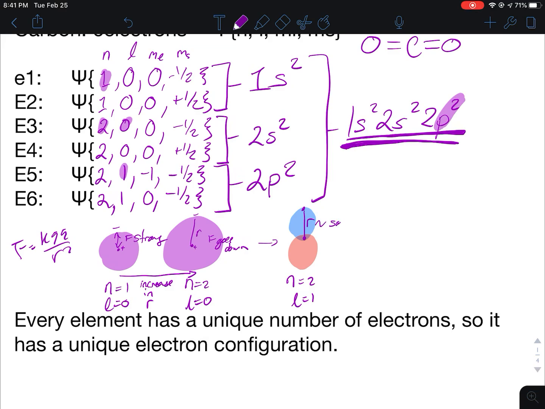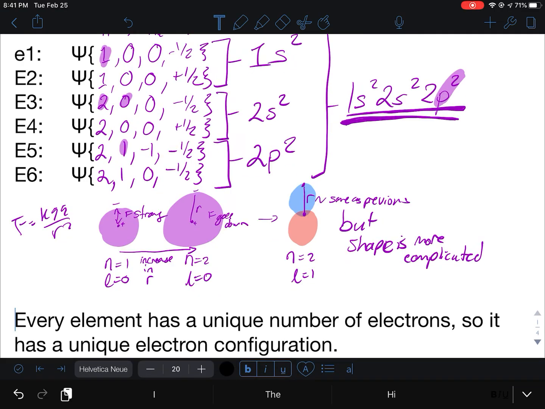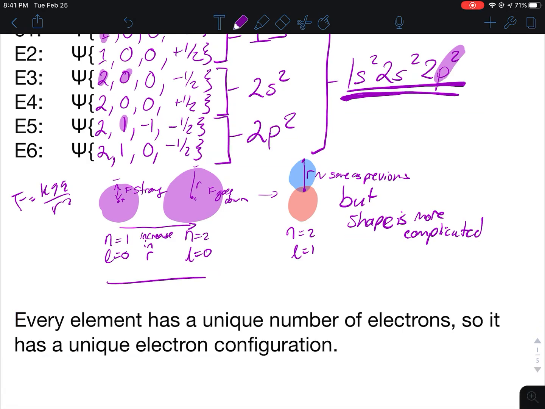R is about the same as previous, but the shape is more complicated. And so in this way, the more complicated shape means that the overall trend here has been towards a higher energy, right? Higher energy.